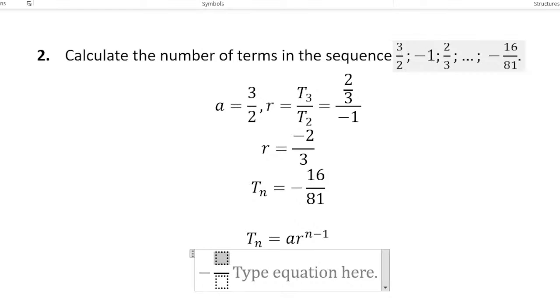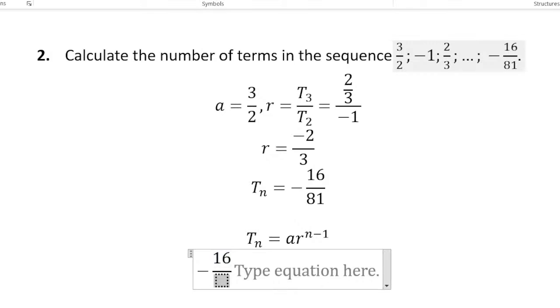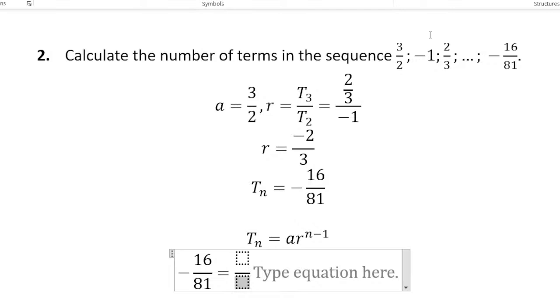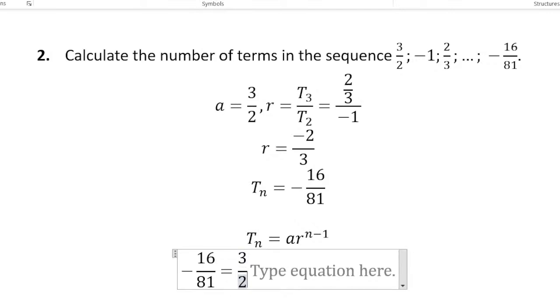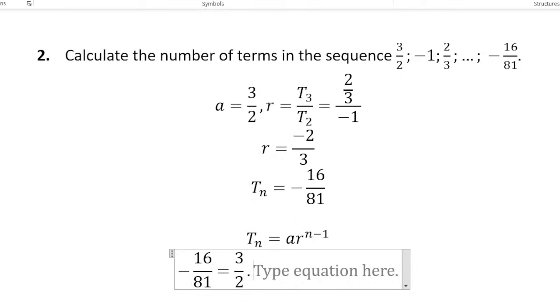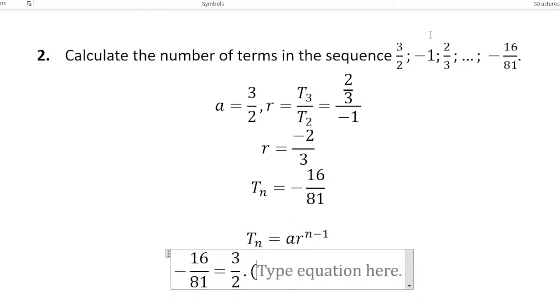Negative 16 over 81 is equal to a, and the value of a is 3 over 2, times r. The value of r is negative 2 over 3. Then we open brackets.